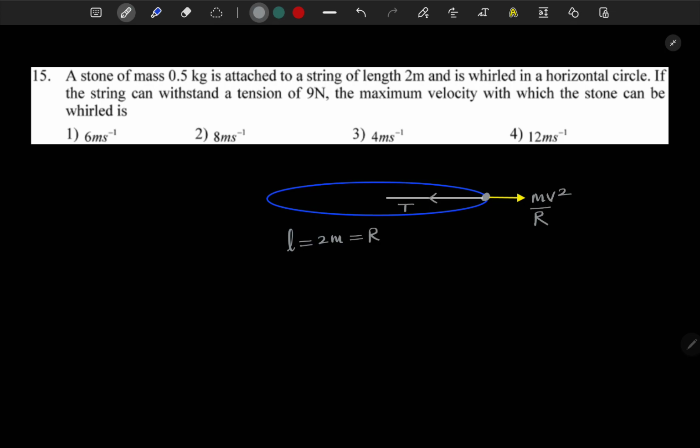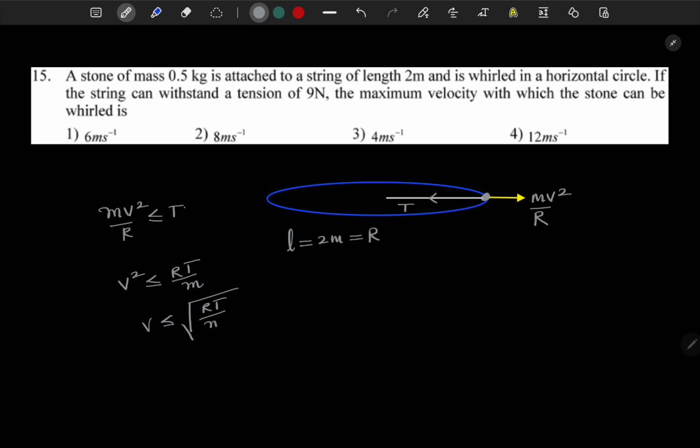If the string can withstand the tension of 9, so if the tension is beyond 9, then it will break. So that means the value of mv square by r must be less than or at least equal to the tension. So the maximum velocity, v square must be less than or equal to rT by m, or v must be less than or equal to root rT by m.